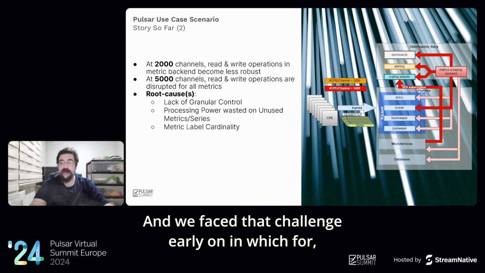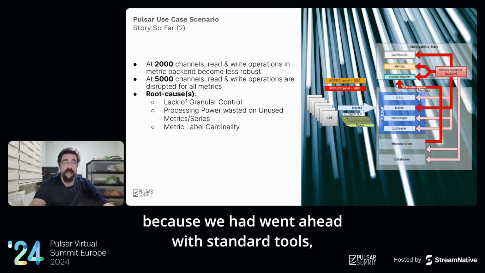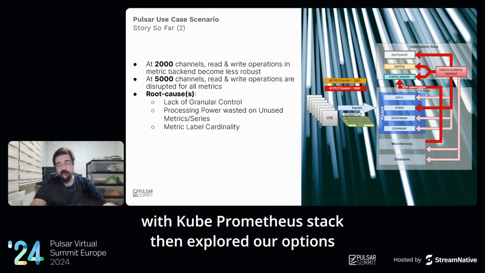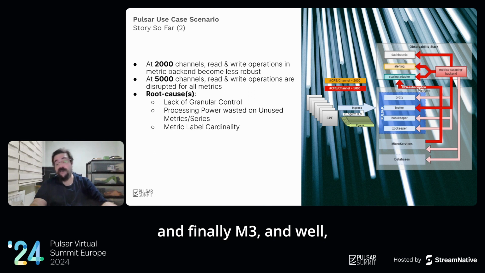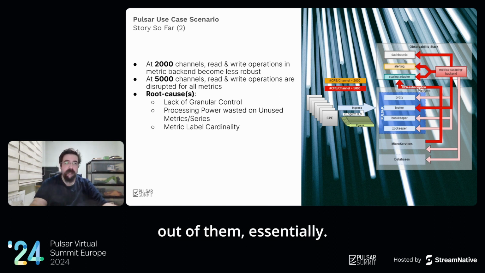We faced that challenge early on, at around 2,000 channels, because we went ahead with standard tools in any IT project. We first went ahead with the Kubernetes stack, then explored our options with Cortex, Mimir, VictoriaMetrics, and finally M3, and we were not able to get the results we wanted out of them.